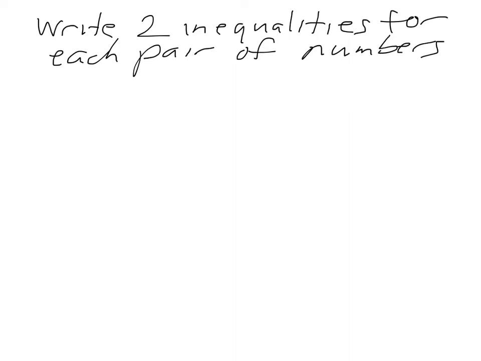So, for example, I want you to use 2 and -5, and I want you to use -4 and -8. So I'm looking for 2 inequalities for each one of those.